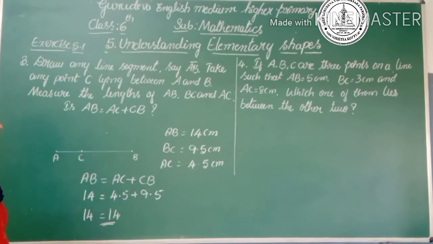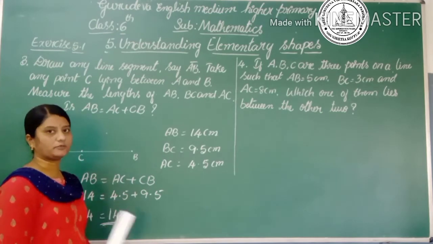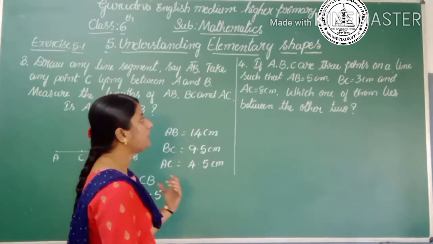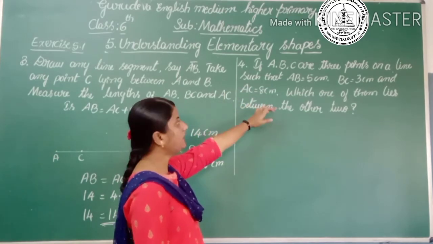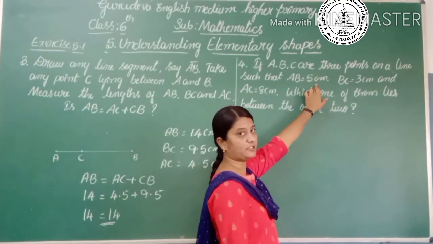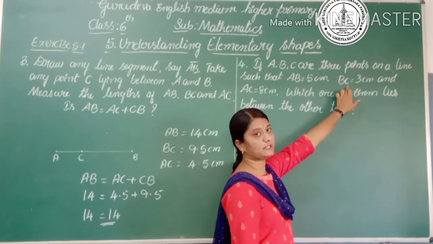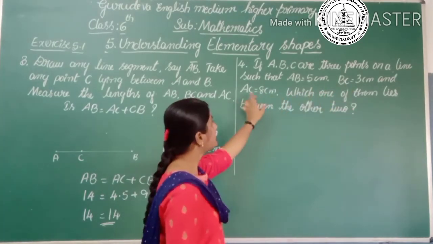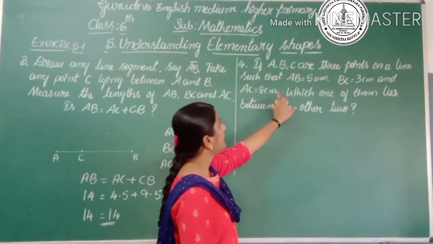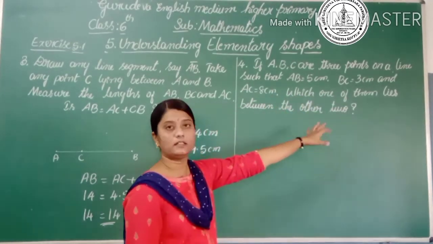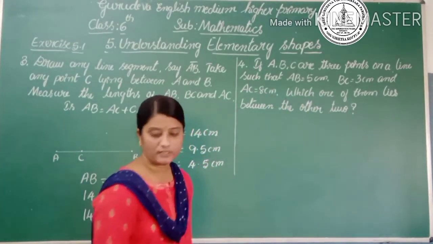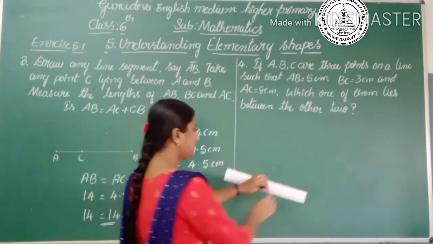Okay. Then let's go to the fourth question. Yes, the fourth question is, if A, B, C are 3 points on a line such that AB is equal to 5 cm, BC is equal to 3 cm, and AC is equal to 8 cm, which one of them lies between the other two? Just see here, I will simply draw.